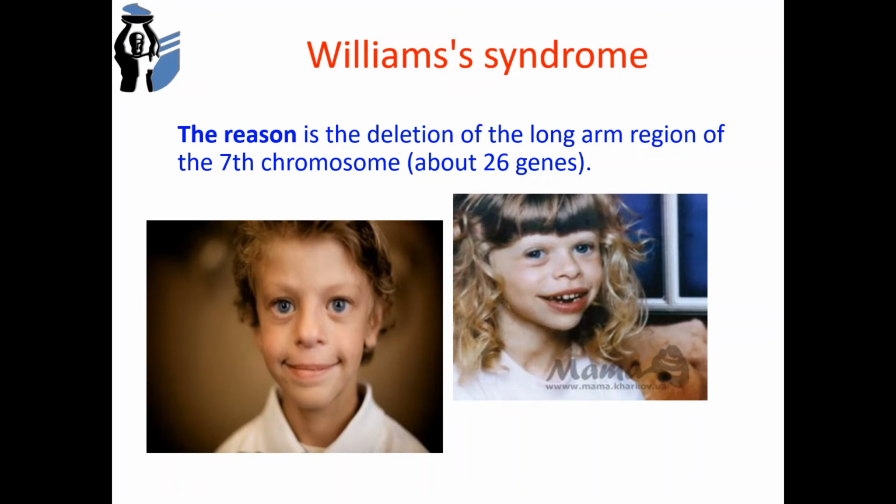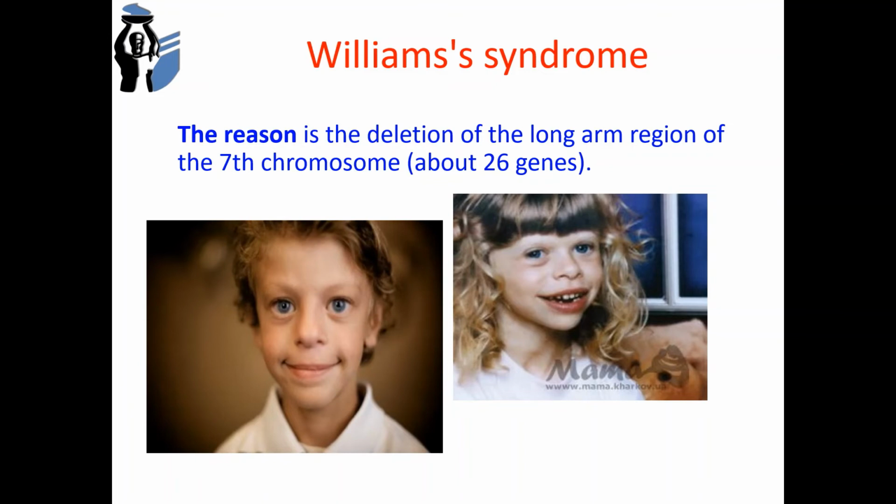Children lag behind in growth. There is a delay in mental and physical development. In most cases, cardiovascular diseases, aortic stenosis, lesions of the gastrointestinal tract, and urological disorders are associated.